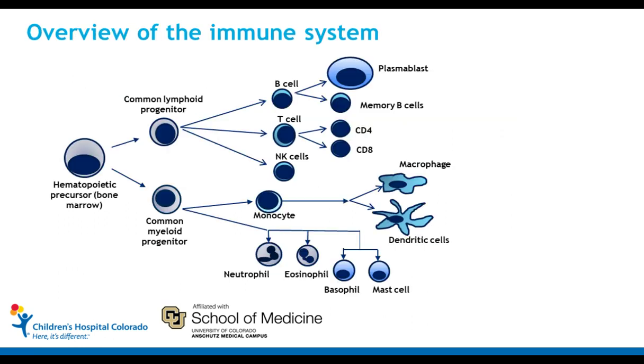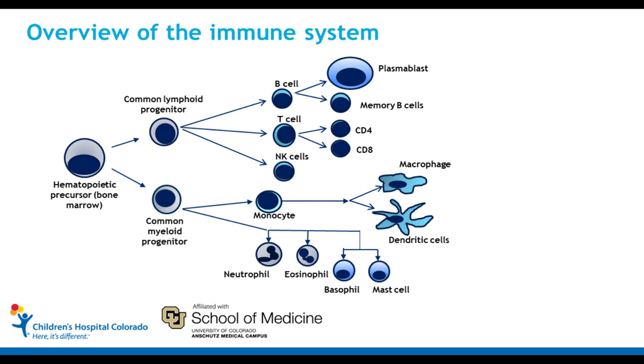So let's take a quick overview of the immune system. The cells of the immune system all start from a hemopoietic progenitor cell, or a hemopoietic precursor, as shown in this figure, in the bone marrow. Now, during development, the precursor cells can take one of two paths.